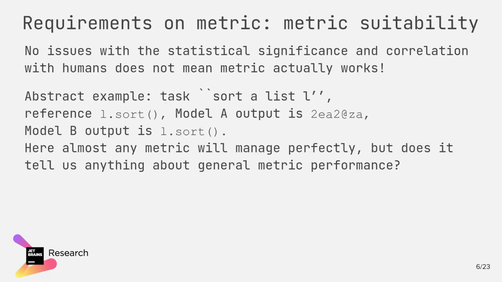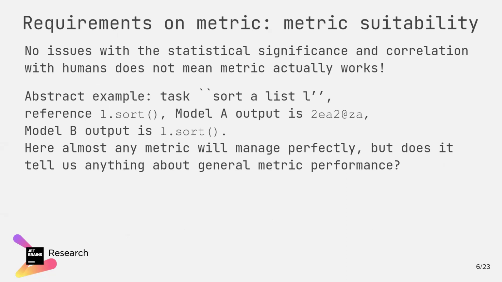Okay, so why these requirements? Let me note that some of these requirements may seem redundant, and I will explain now why exactly these requirements. We obviously shouldn't use a metric that is unsuitable for code assessment.